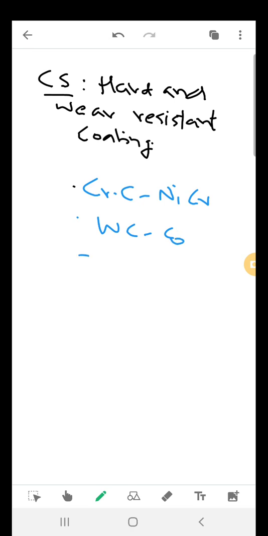Then you can have tungsten carbide copper, or you can have copper and diamond, or copper and SiC.